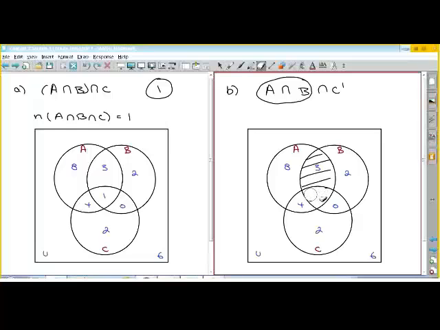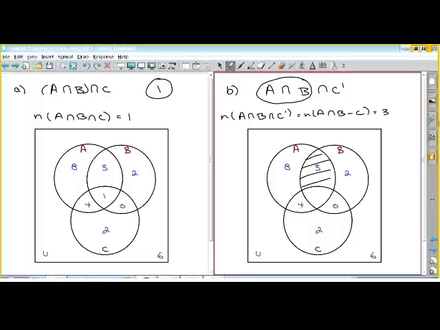When you subtract, you're removing the elements that are in set C. So I remove those. All I have left is this little shield. And then you look at the number in there. The number is 3. I'm going to write this two ways: this way, and the other way, where I replace the intersection of the complement with the subtraction sign.